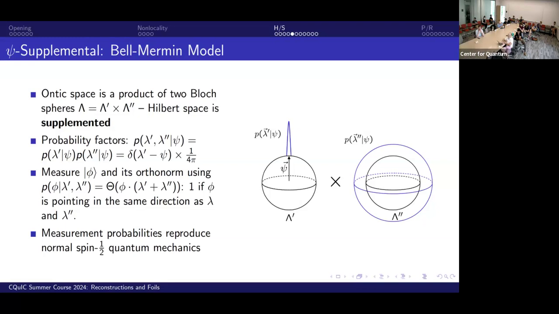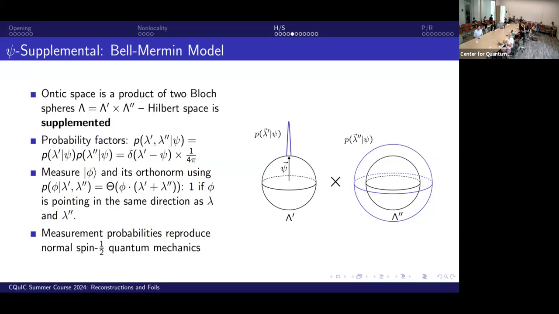And the way they control it, as I said before, is via this probability here, where you say, okay, I'm measuring along an axis pointing in direction B. I will, with probability 1, get, let's say, spin up along that direction if the state along lambda prime summed with the state along lambda double prime is pointing in the same direction. Okay, so the addition of that second variable determines what before appeared to be a random measurement.